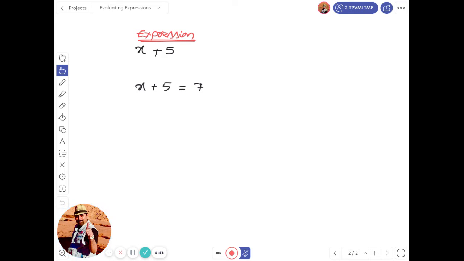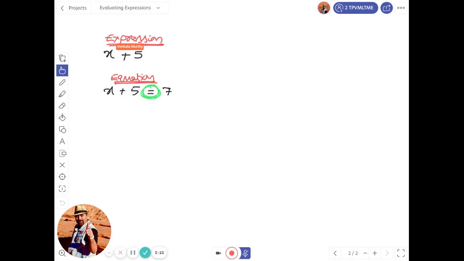So this is pretty easy. You can guess what the answer is. Here I am taking the equal to symbol. Therefore, this is an equation. Now in today's class, I'm going to take some questions. Those questions are evaluating the expressions. So first of all, I clarified the difference between these two.